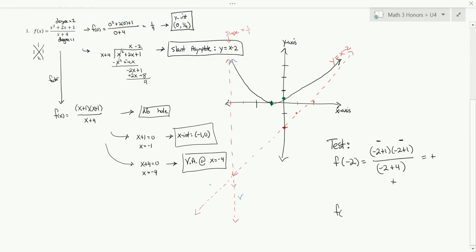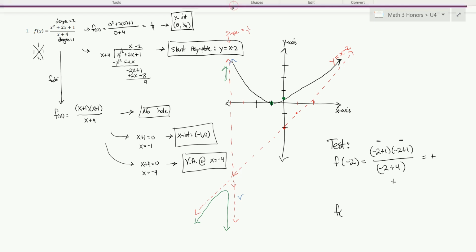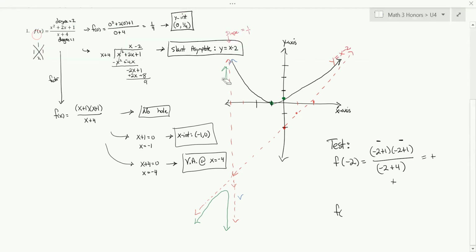So if it didn't cross the x-axis, so it would, yeah, we would have to cross the x-axis. If we were pointed up here, we would have to cross the x-axis to go down here. So yep, I guess we don't need a test point. Thank you. Saved us a little work. Okay. So our graph is in 2 pieces. Those are the 2 pieces.